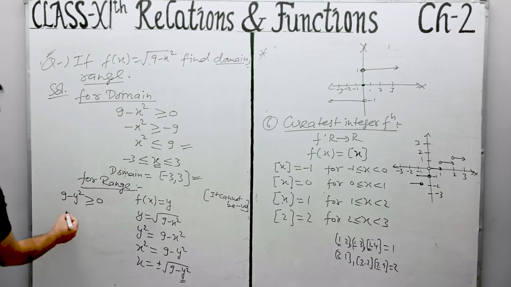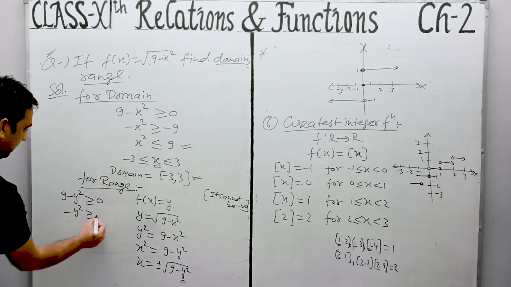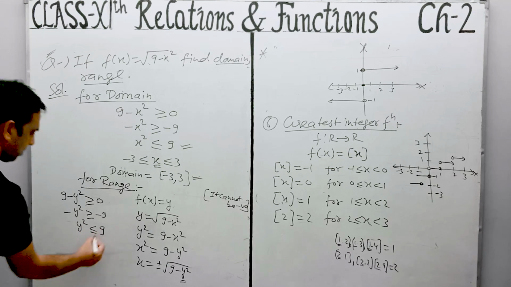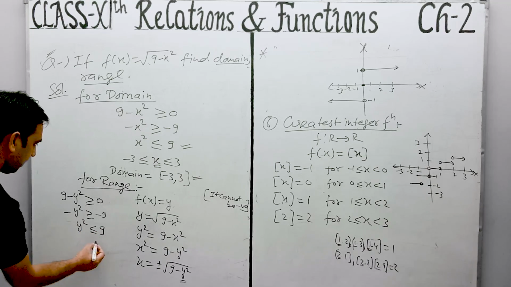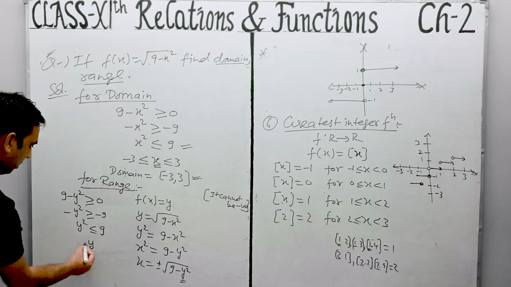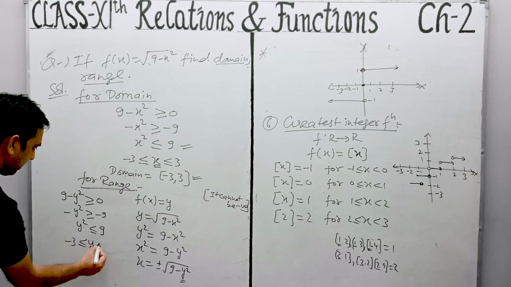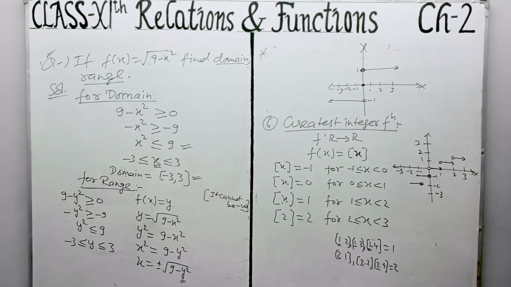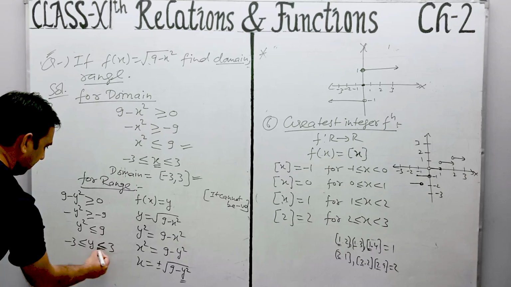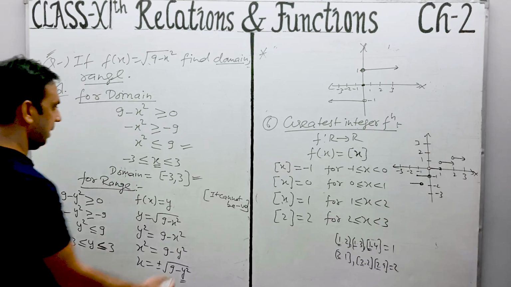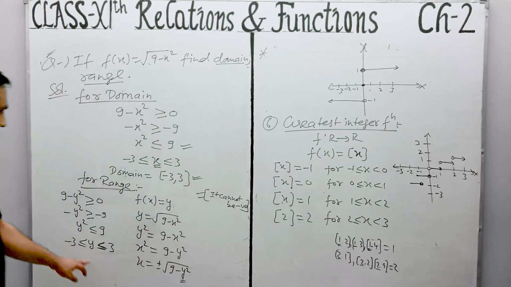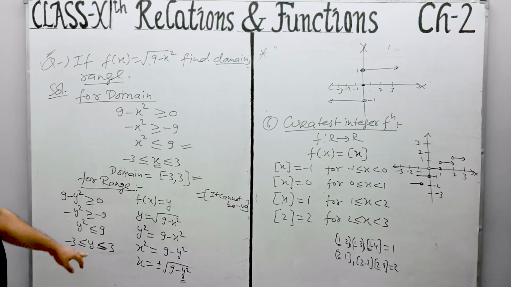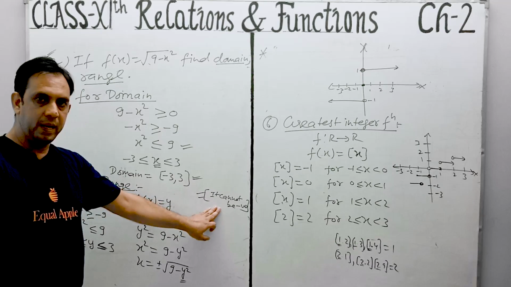So y squared is less than or equal to 9, and the value of y is from -3 to 3. But the value of y is actually the range, that is f(x), so the value of y cannot be negative.